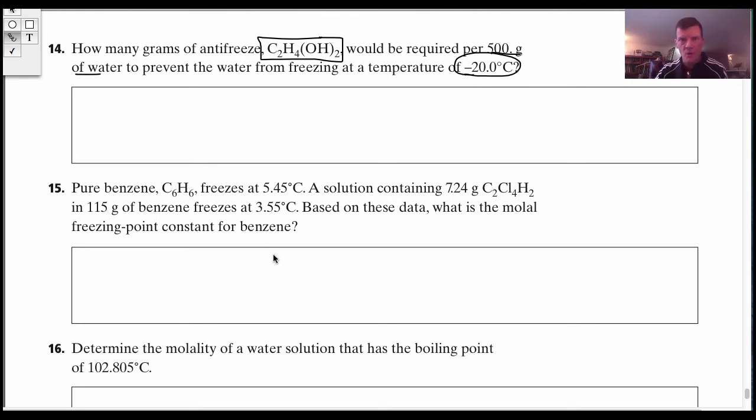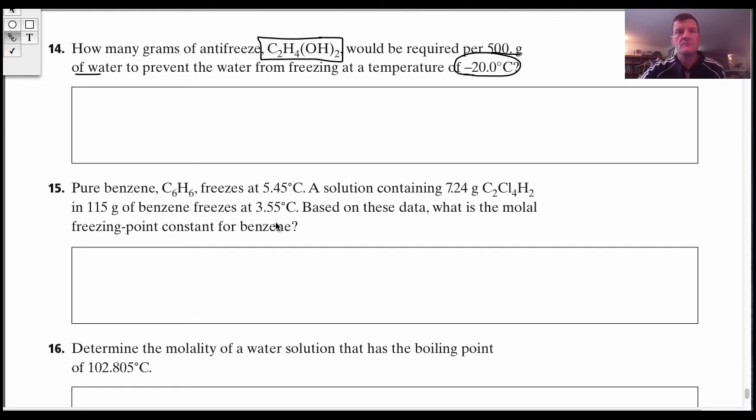That's a drop of 20. Normally water freezes at 0, but we're going to drop it down so that it has to get to negative 20 to freeze. That keeps the solution in your radiator from freezing. You don't want that solution to freeze in your car.